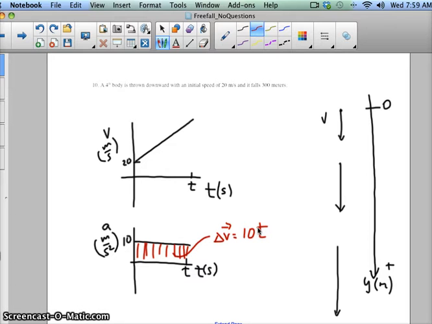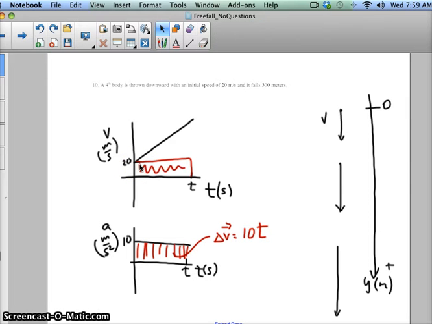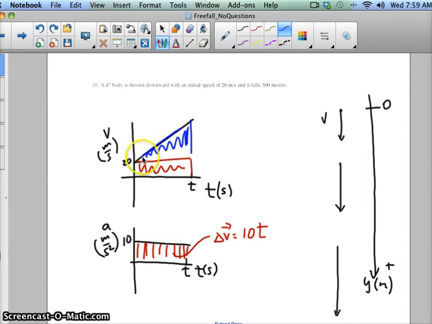Now, my displacement is the area of this rectangle plus the area of this triangle here, okay? Now, I know my change in velocity is 10t, so that means the height of that triangle is actually 10 times t, right?